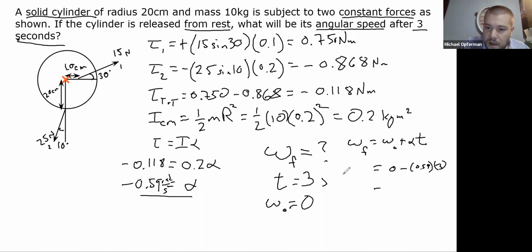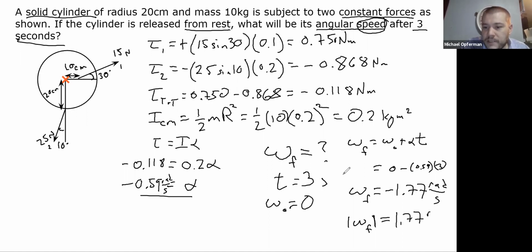And I get a final omega of negative 1.77 radians per second. So that's the final angular velocity. Technically, they asked for the final angular speed, so really what they want is the absolute value of the angular velocity. So that would be positive 1.77 radians per second, because speed is always positive.